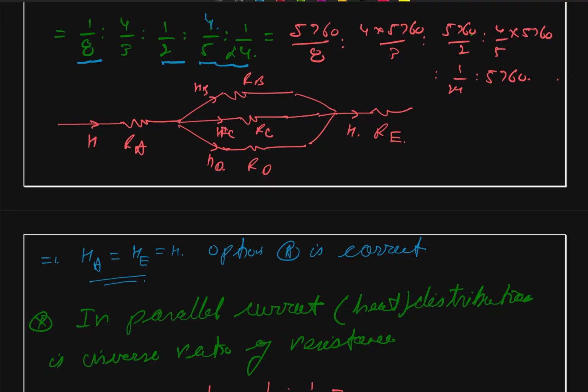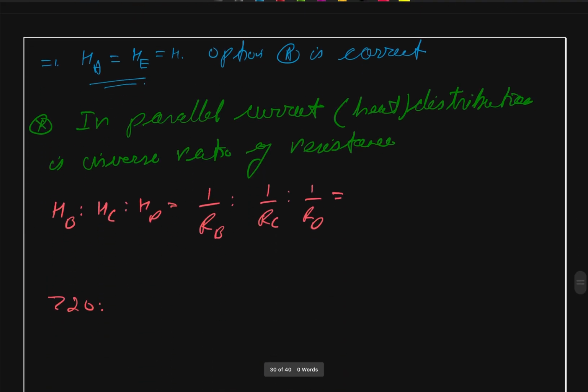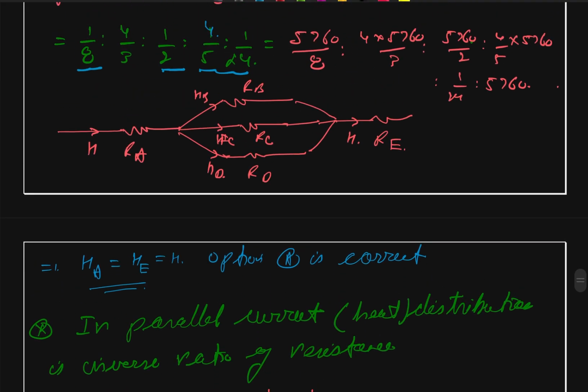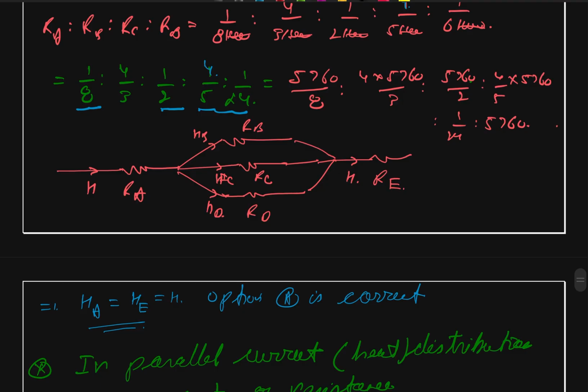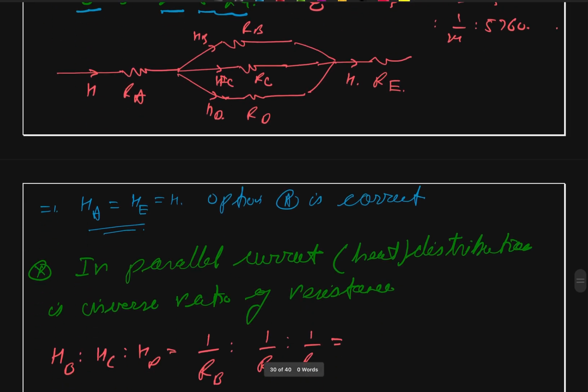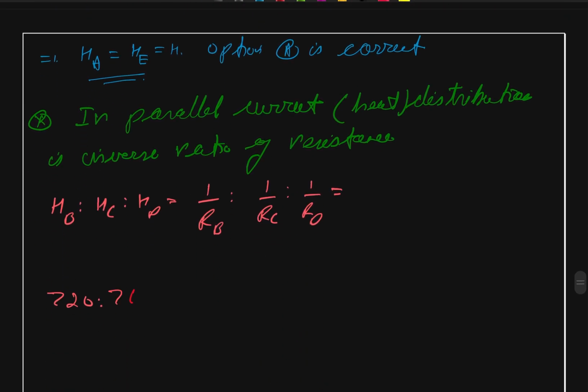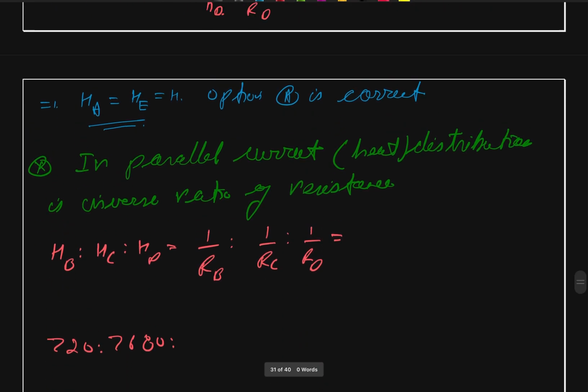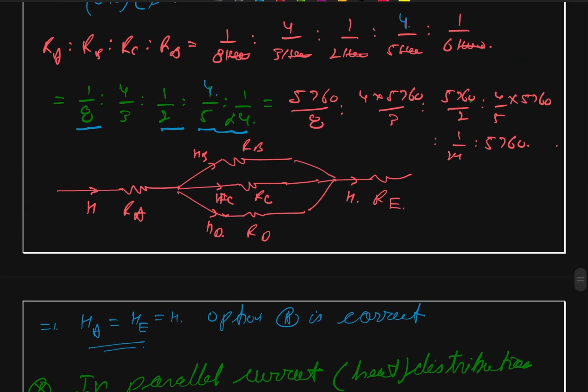And this is divided by 3 multiplied by 4. 5760 multiplied by 4 divided by 3, 7680, and then it is 5760 divided by 2.